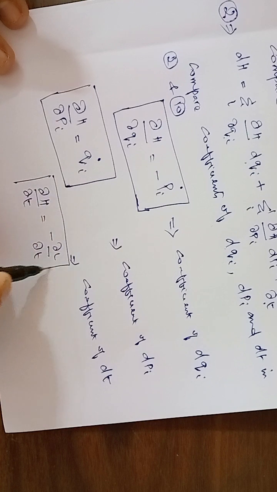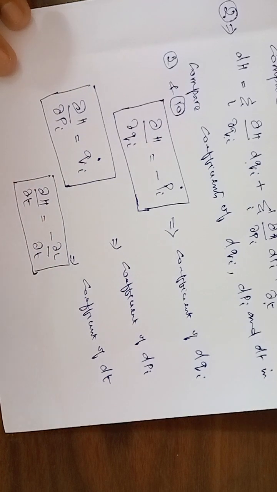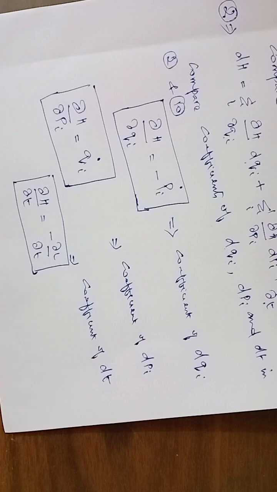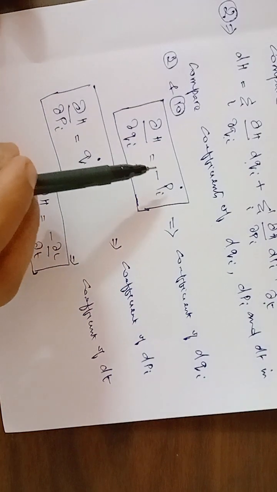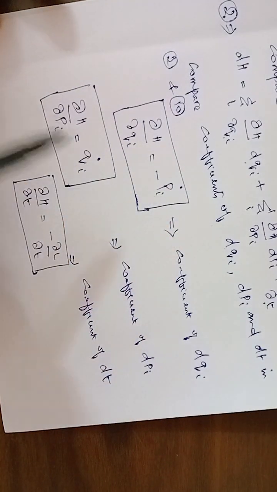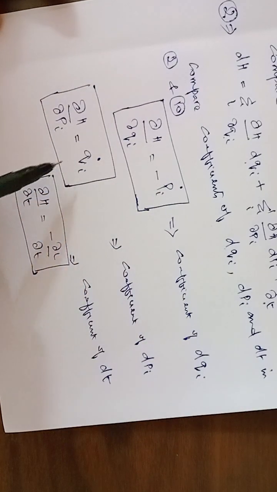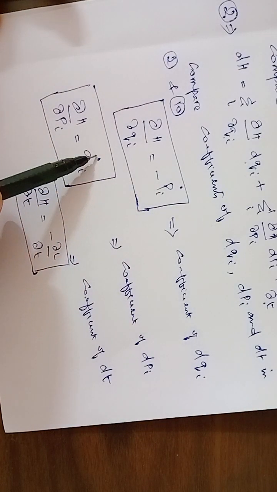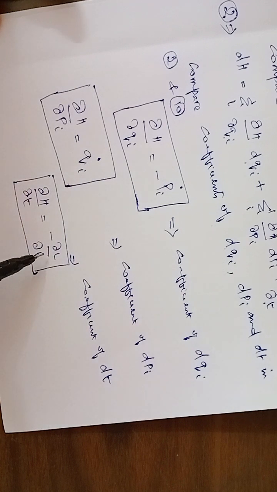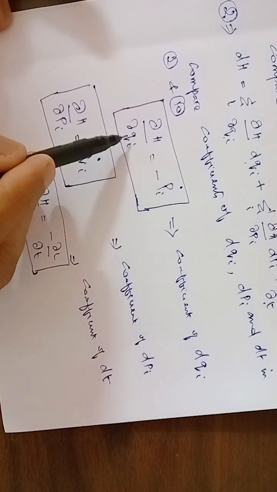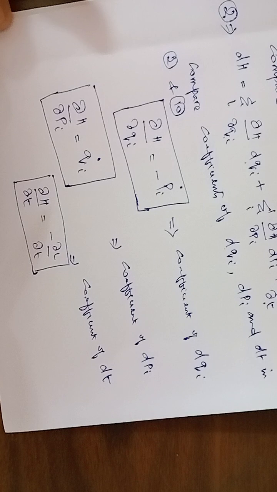This is another canonical transformation. So we got 3 canonical transformation equations: one in terms of pi dot, another in terms of qi dot, and another in terms of the relation between H and the Lagrangian. That is ∂H/∂qi equal to minus pi dot, ∂H/∂pi equal to qi dot, ∂H/∂t equal to minus ∂L/∂t.